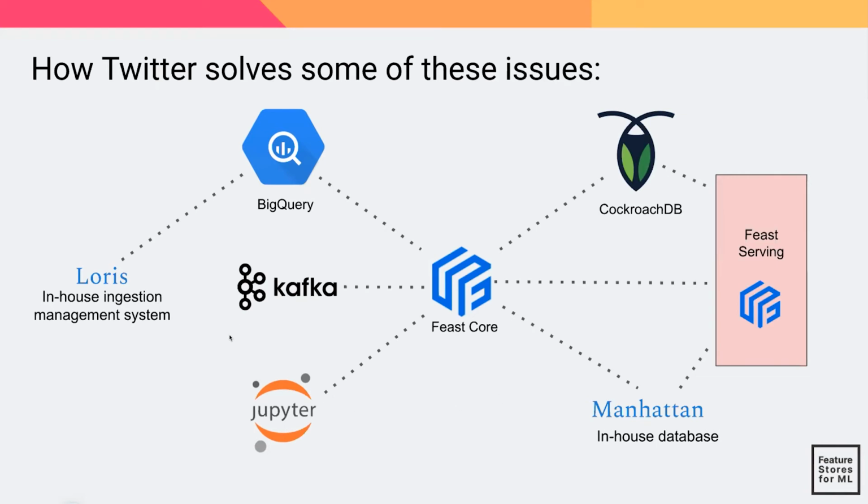Yeah, so I'll pause here just for a second so you guys can take a look at this. Kafka for streaming, BQ is what we use for offline store, Jupyter for offline joining for experimental use cases, Manhattan, our in-house database, and we use Feast serving.